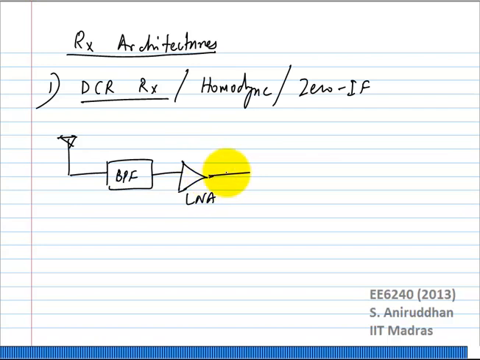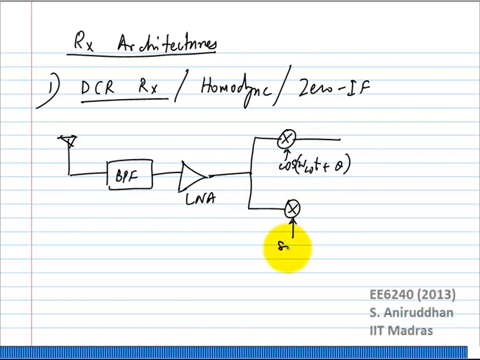So then you take your LNA output signal, you need to send it through a mixer. What kind of mixer would you send it through? You need to send it through a single sideband mixer to regenerate both the I and Q components of the receiver. So I'm going to multiply it with cos omega LO t and sin omega LO t.